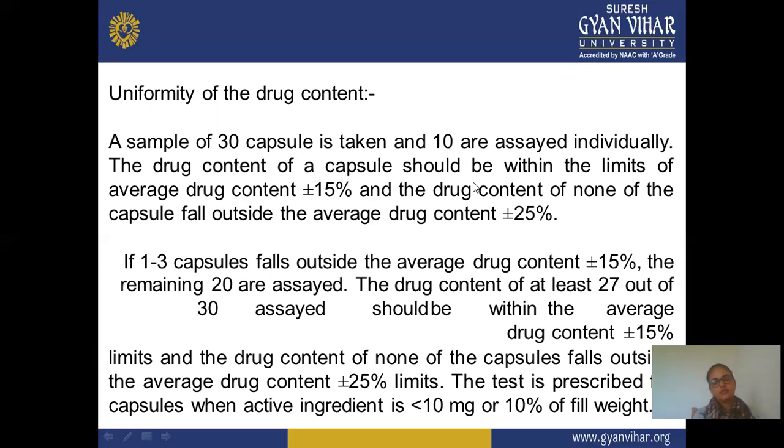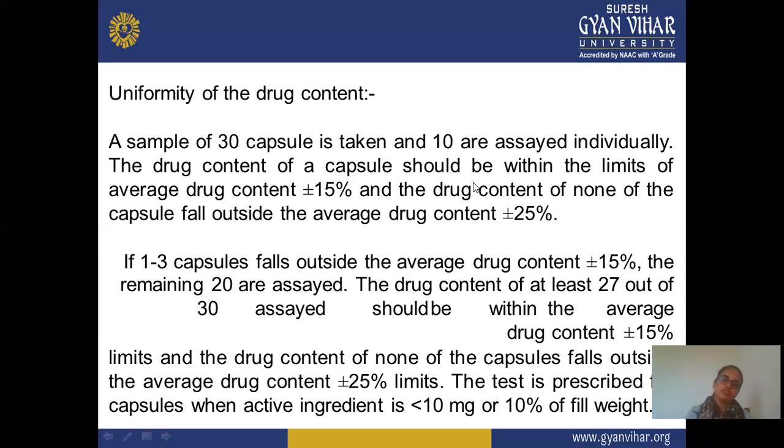If more than 3 capsules are beyond the limit, the acceptance condition is not met, because at least 27 capsules are required for acceptance. With up to 3 capsules outside, you can consider the batch passed, provided each capsule is within plus or minus 15% and none of the capsules fall outside the average drug content by more than plus or minus 25%.